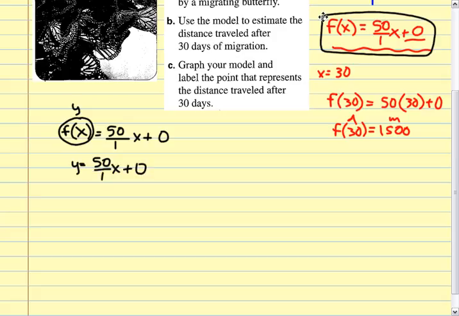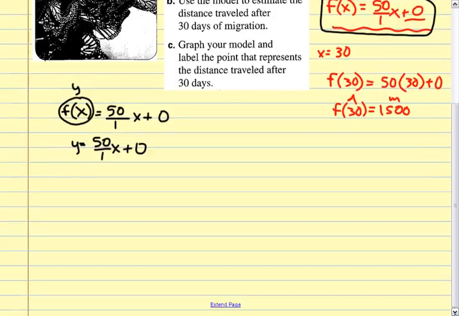Okay? Now, because this is a real-world problem, and the units are different between the x-axis and the y-axis, I'm actually going to use a different scale for the two things, okay? Because we're doing 50 miles in 1 day, and we're talking about 40 days and several thousand miles, okay?